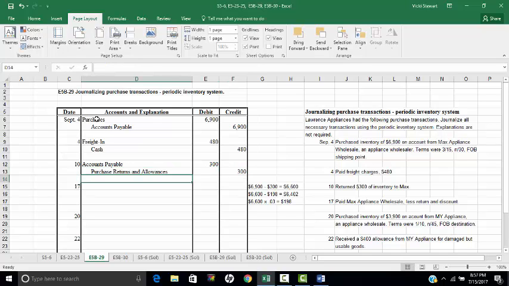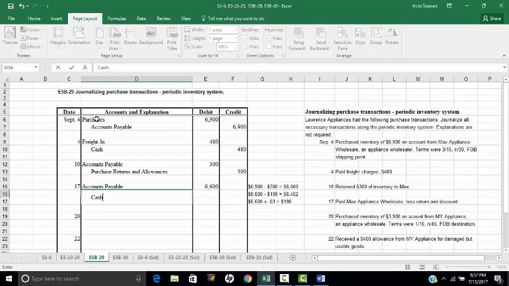Then it says on September 17th they paid Max Appliance Wholesale less the return and the discount. So we will debit accounts payable for the gross amount $6,900 minus the $300 purchase return and allowance, so $6,600.